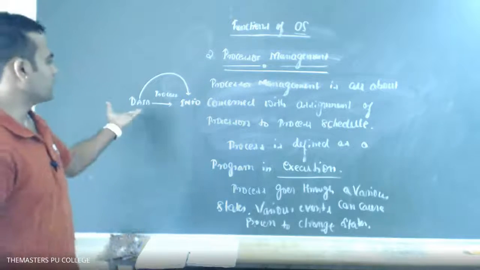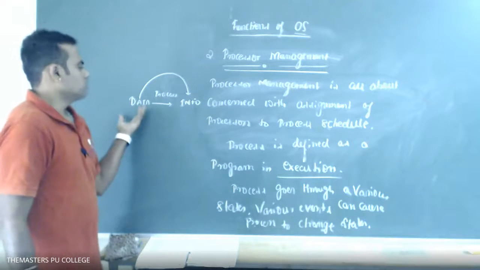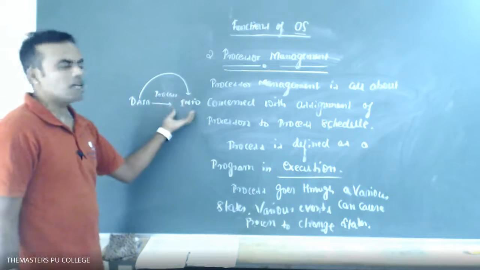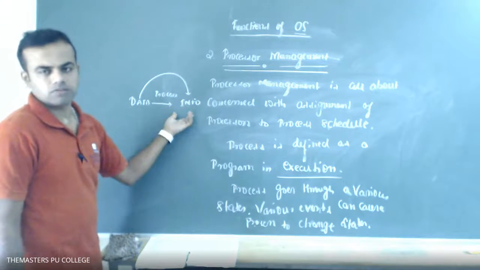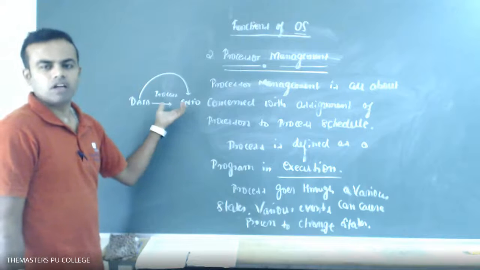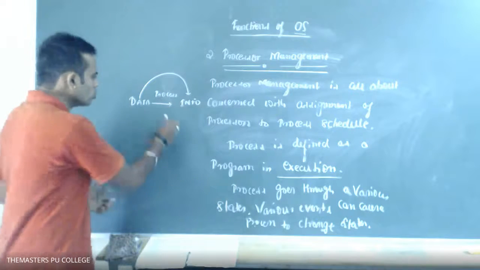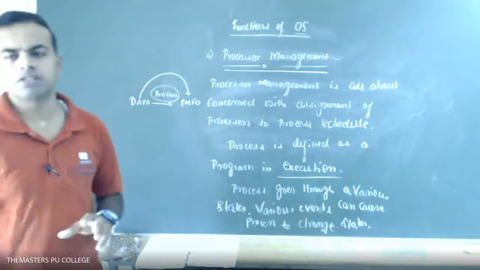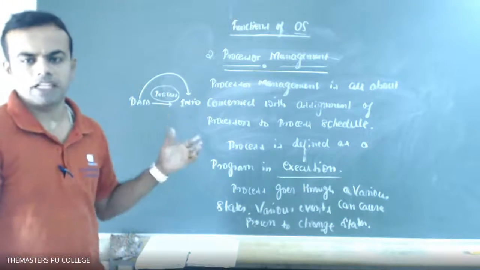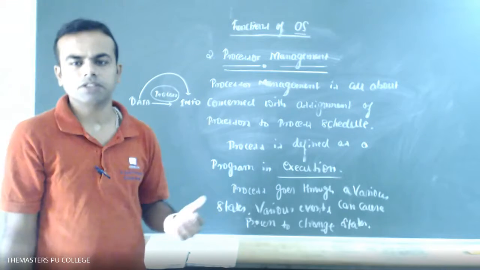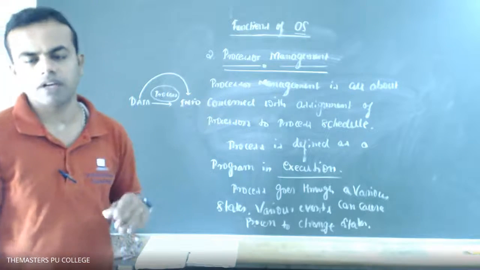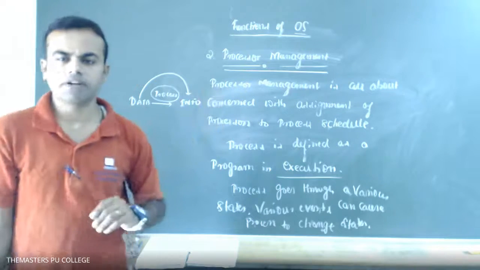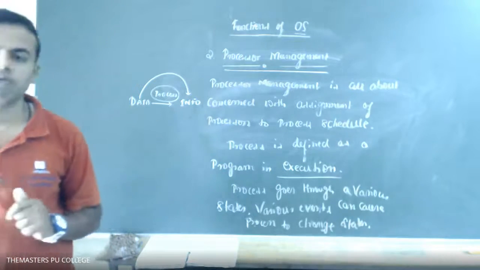The raw data can be converted and finalized into meaningful information through this process activity. This is what we call process management or processor management. It is one of the functions of the operating system, the second function of the operating system. Is that clear, everyone?